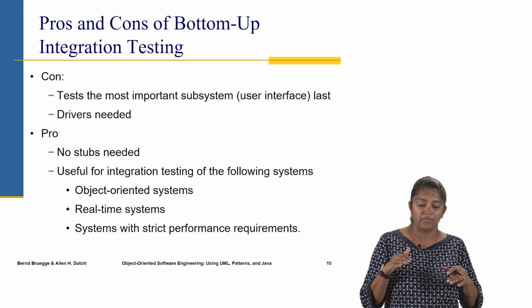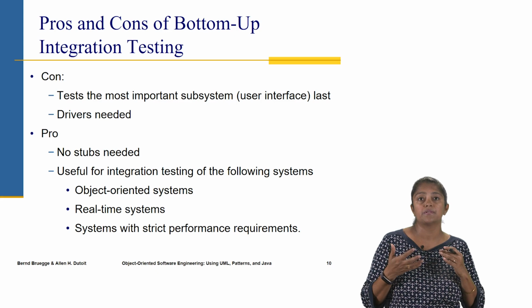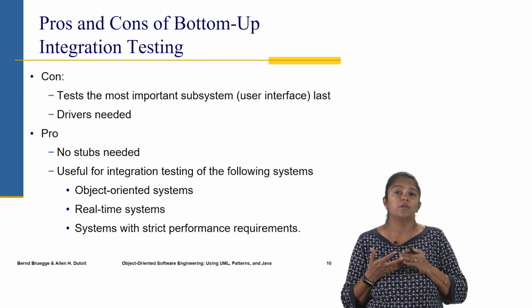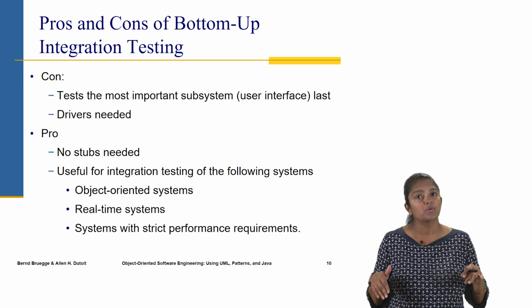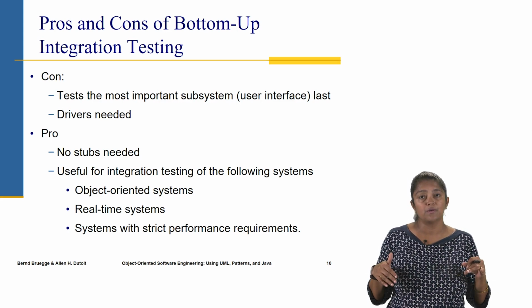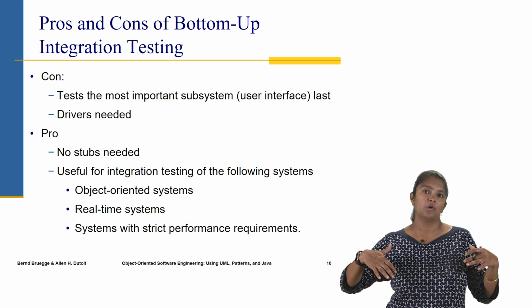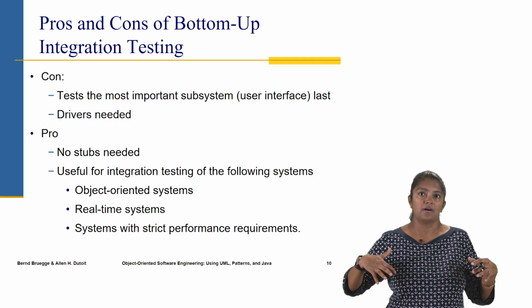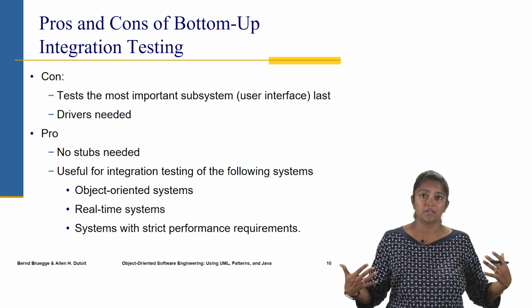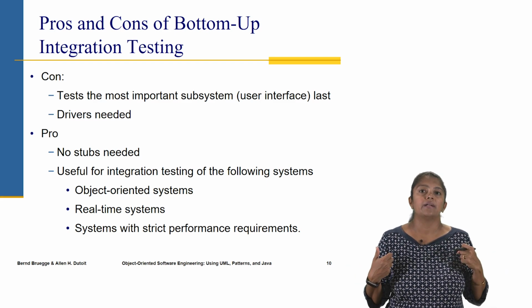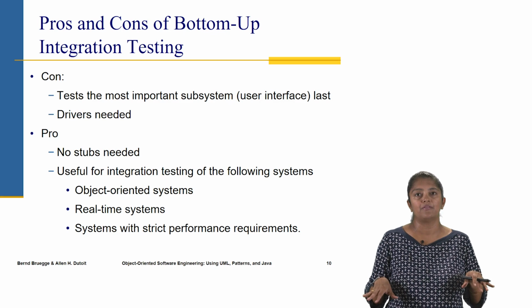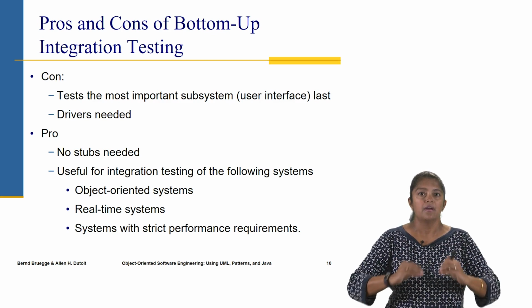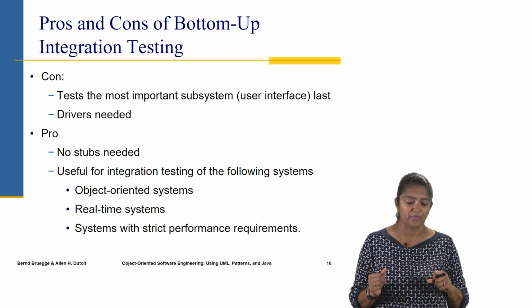Wherever there are strict performance requirements, in order to make sure the systems are efficient, we have to make sure the lowermost layer is efficient. Typically the lowermost layer is where the data is stored, the database layer, so we have to make sure everything's efficient there, and then work our way up from there.